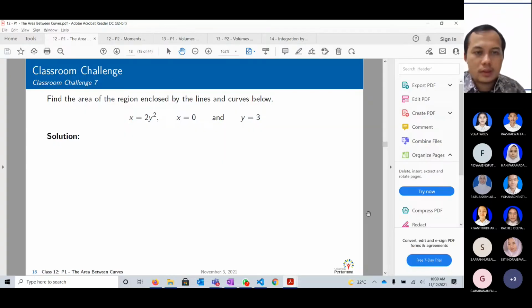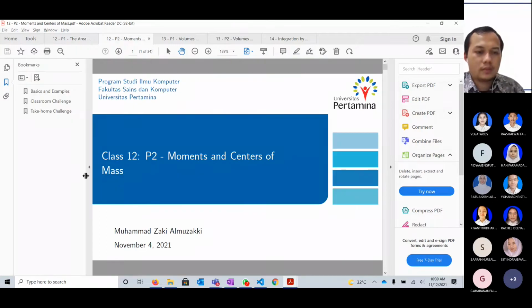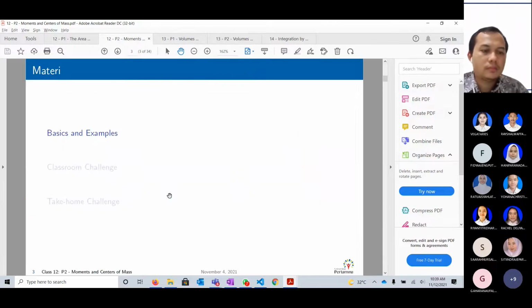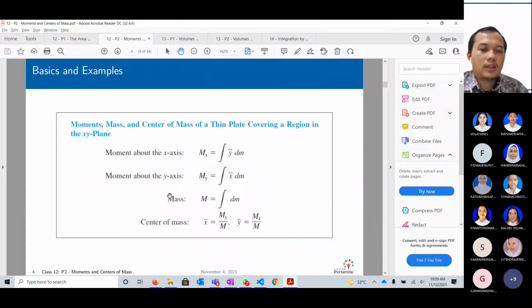Now we go to the next slides for some moments, because the topic is about moments and centers of mass. Basically, this is the formula.